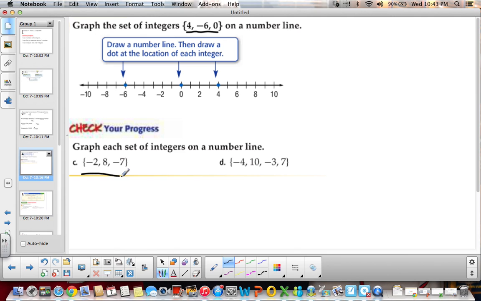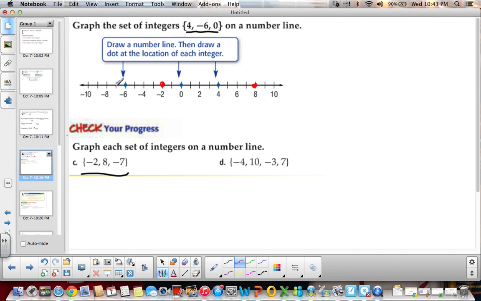If we have -2, 8, and -7: -2 is negative, so we know it's going to be to the left of 0. We start at 0 and go 1, 2, and there's our -2. 8 is positive, and we know that 8 is right here.